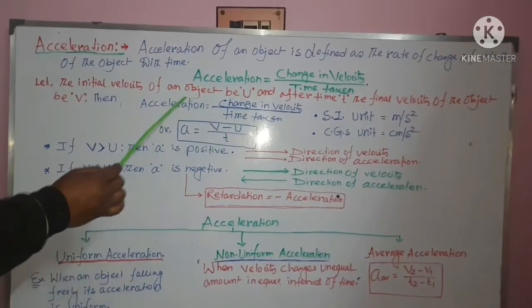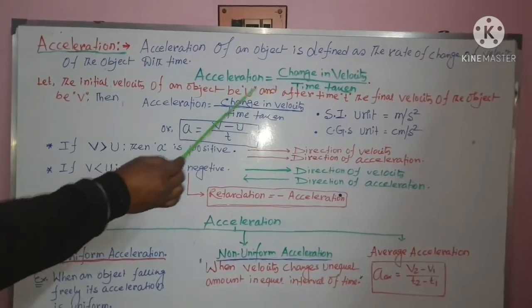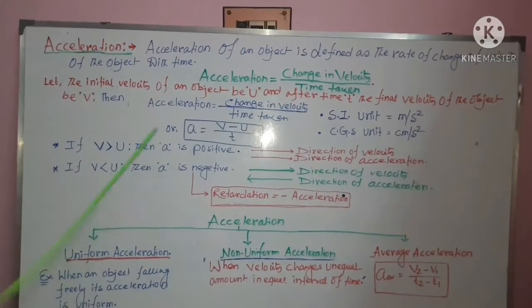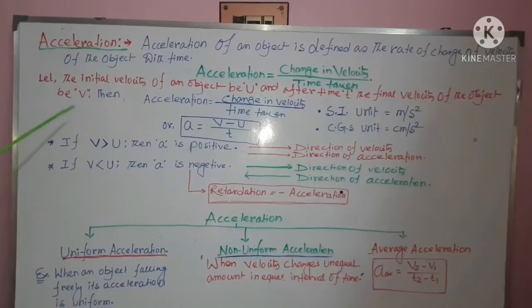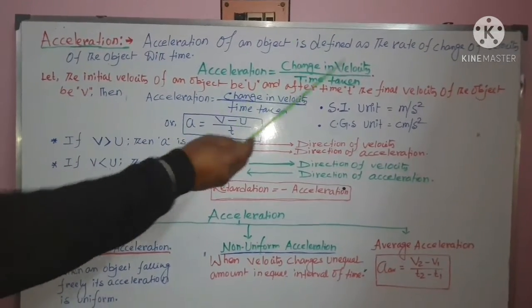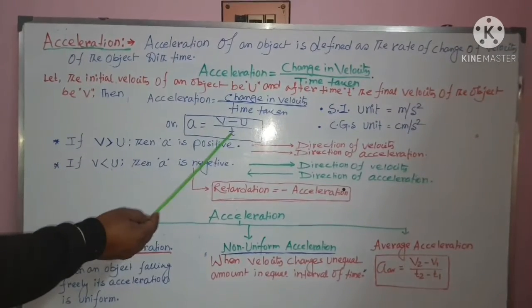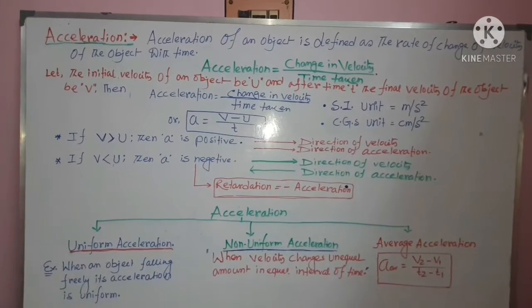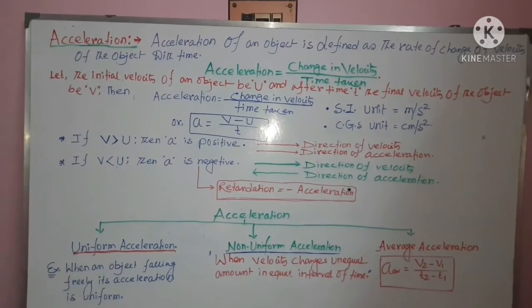So acceleration a equals change in velocity, which means final velocity minus initial velocity, that is v minus u, by time taken. What is the time taken here? t. So a = (v - u)/t is the mathematical formula by which we can determine the acceleration of an object.